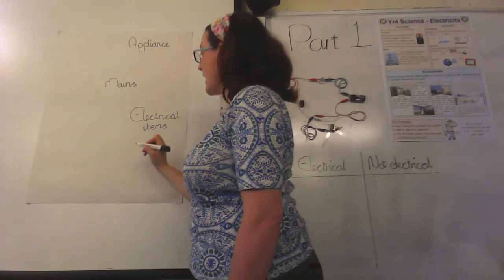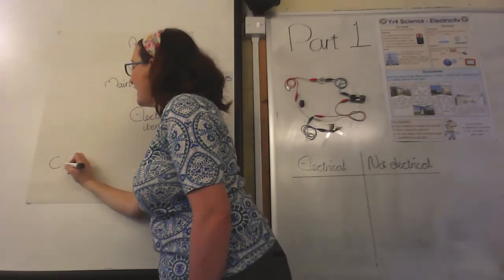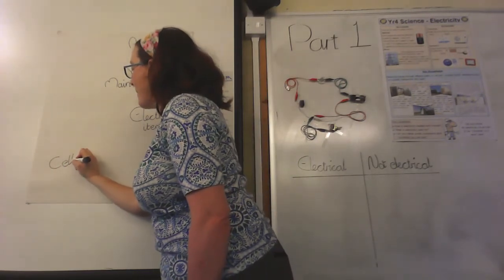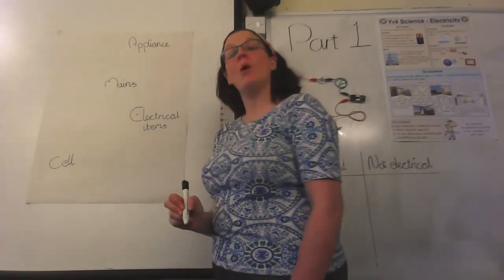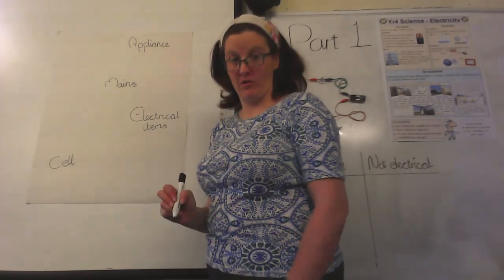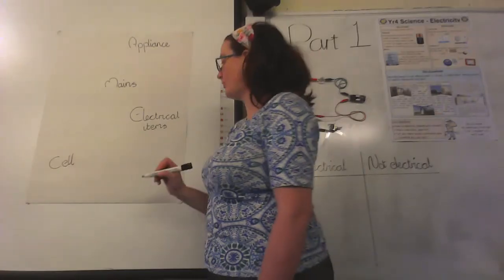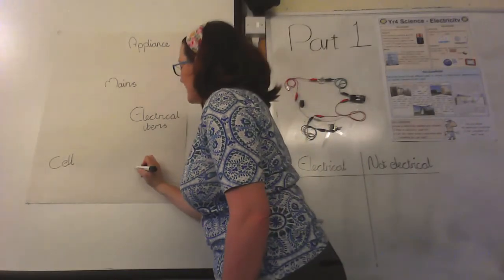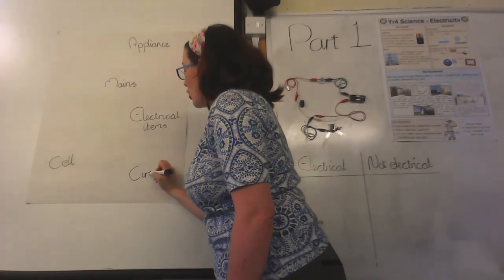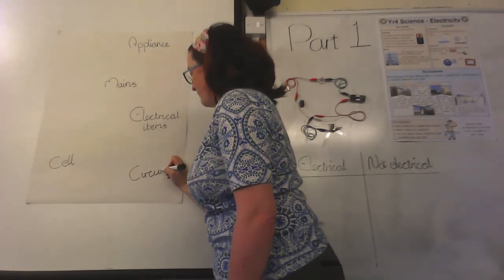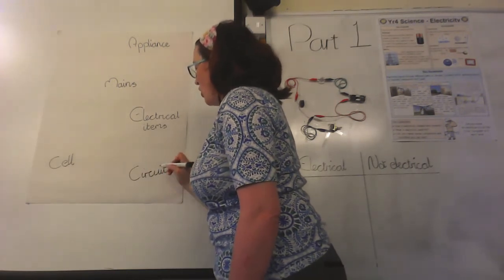We have looked at the word cell and what that means in science when we're talking about electrical items. And we've looked at an electrical circuit. What an electrical circuit is.